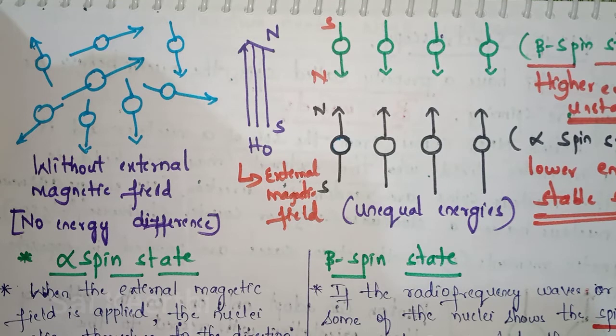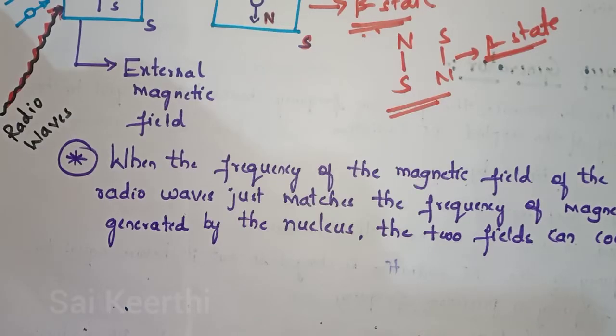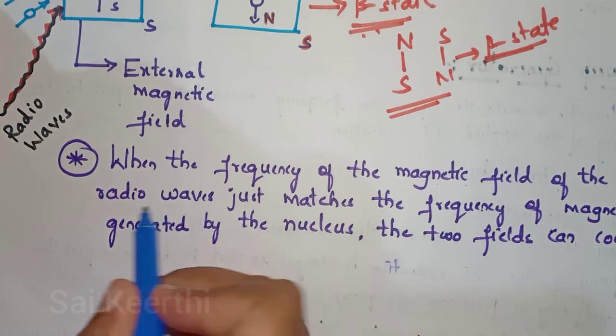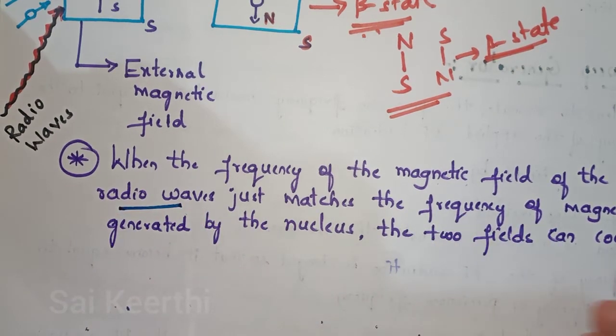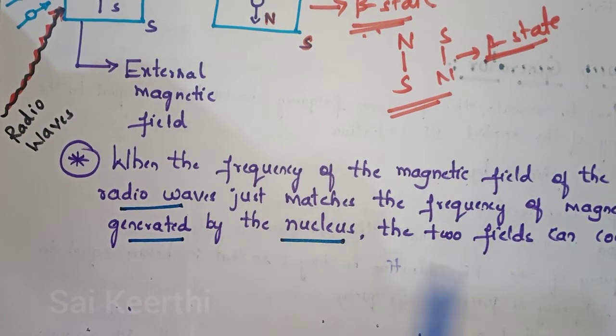Now the important thing in NMR spectroscopy occurs, that is nothing but resonance. When the frequency of the magnetic field of the incoming radio waves and the frequency of the magnetic field generated by the nucleus match, then the two fields will couple and it will give resonance. That means occurrence of the beta state.